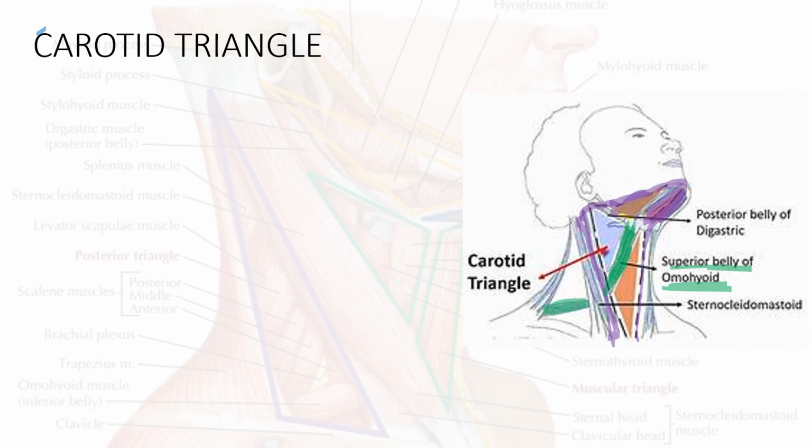So the superior belly of omohyoid divides the anterior triangle into two parts. That is, upper part is carotid triangle. So this one is the carotid triangle. It is actually present, अगर बच्चों ध्यान से देखो, this is anterior, this side is posterior. So carotid triangle is posterior superior to the superior belly of omohyoid muscle.